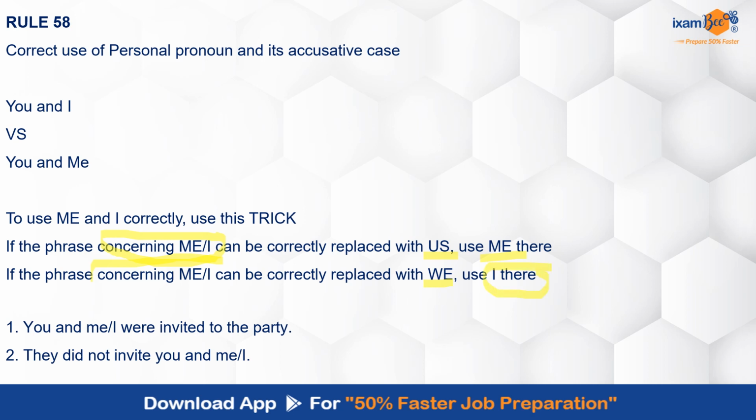So for example, these are two sentences. You and dash were invited to the party. They did not invite dash to the party. Now you have to comment the answer in the comment section below. One will use here me or I, and two will use what, me or I? So comment in the comment section below.